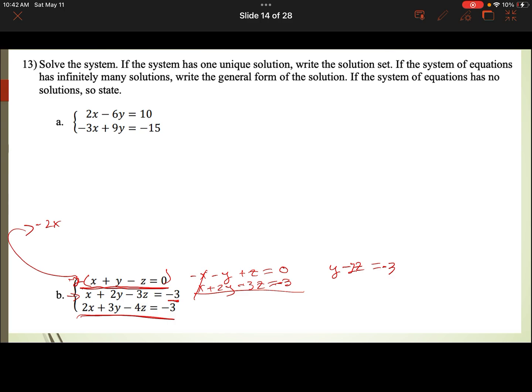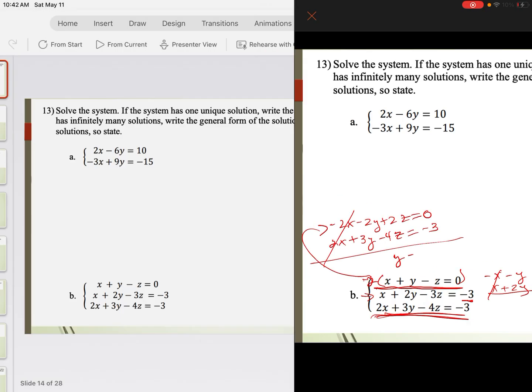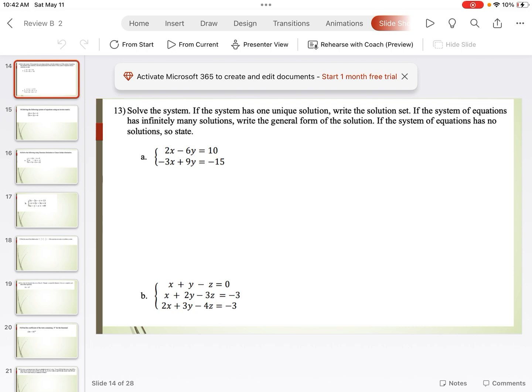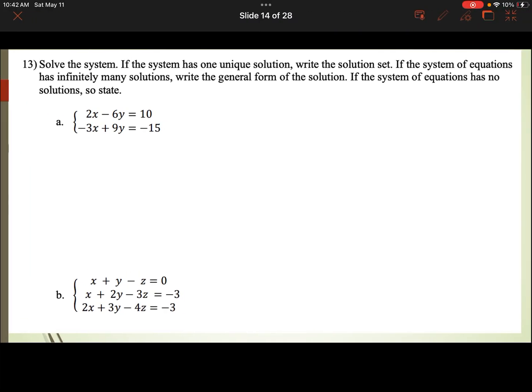-2x minus 2y plus 2z equals 0, and put it with this one: 2x plus 3y minus 4z equals -3. And when I put those two together, I get y minus 2z. Oh my goodness, sorry, I lost it.